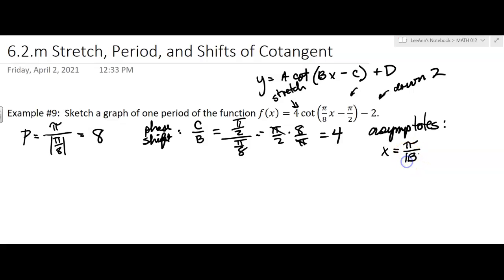So pi over b, k, and that's what we had done before. So if you remember with cotangent, all the asymptotes on a normal one would be at an integer multiple of pi. So 0, 1 pi, 2 pi, 3 pi, like that. Negative 1 pi, negative 2 pi. And k is an integer.